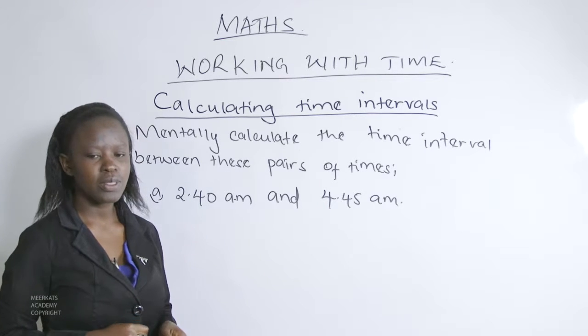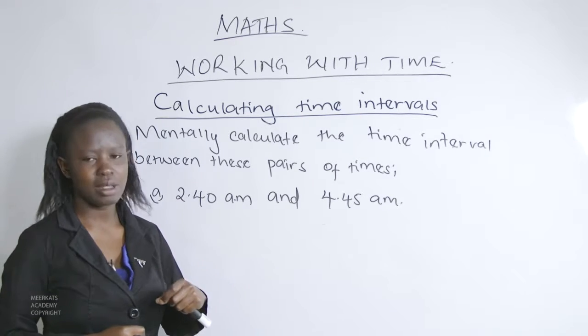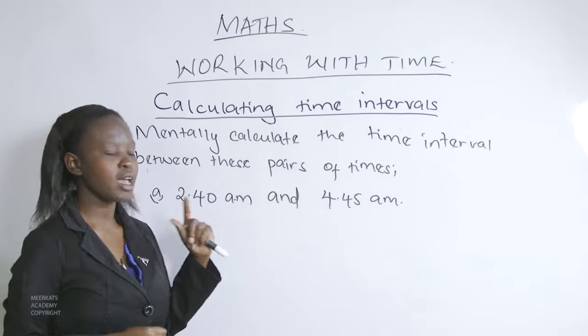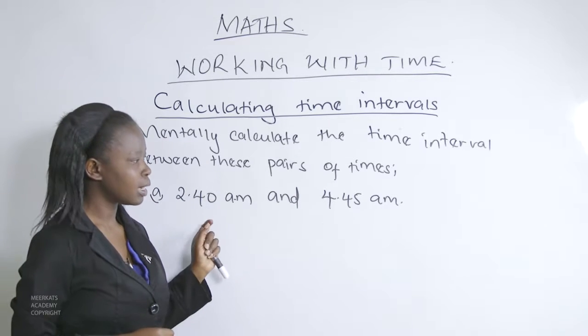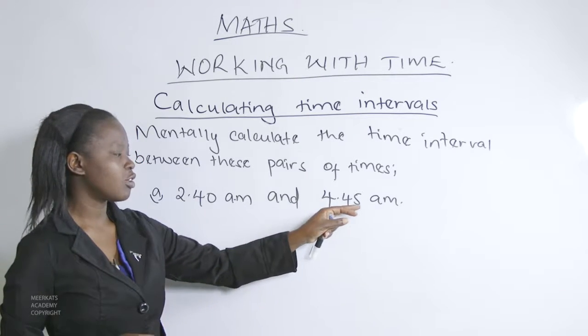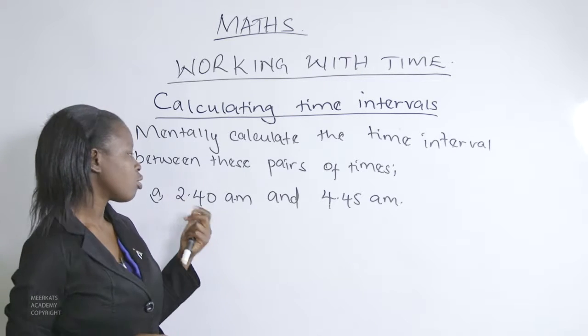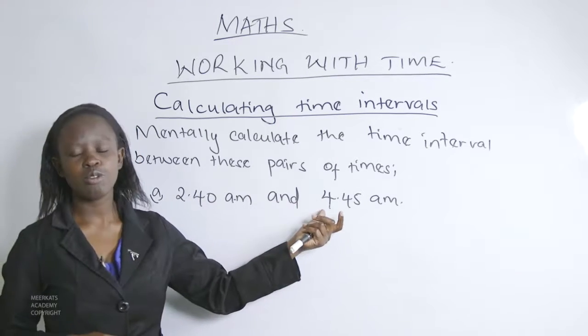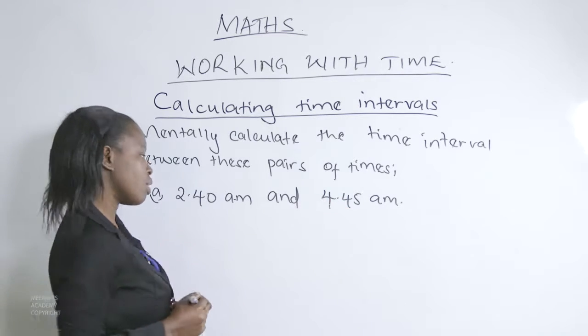Being the fact that 4:45 a.m. is ahead, the next question is, by how many hours or minutes is 4:45 ahead of 2:40 a.m.? We are calculating it mentally. So from 2:40 up to 4:40, that will be a difference of already 2 hours.